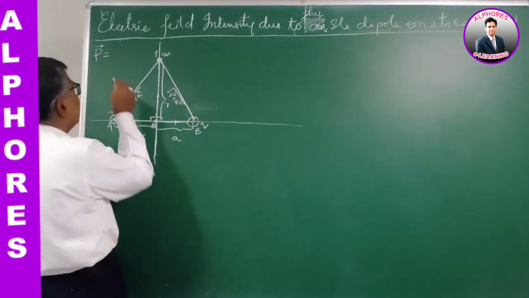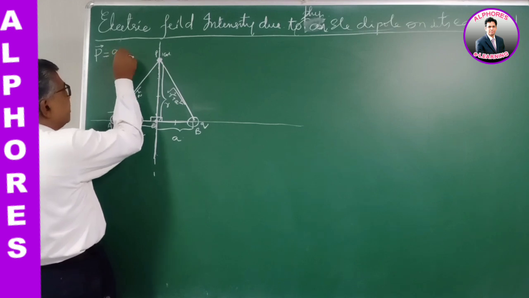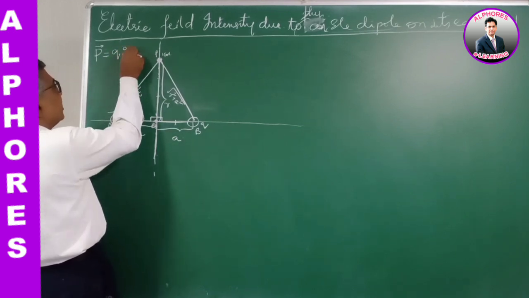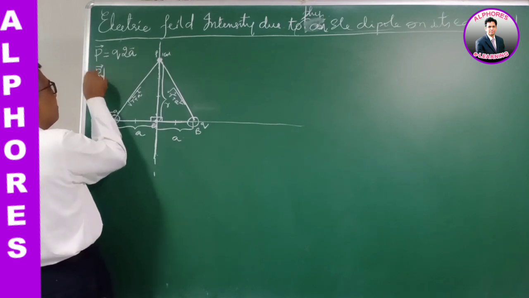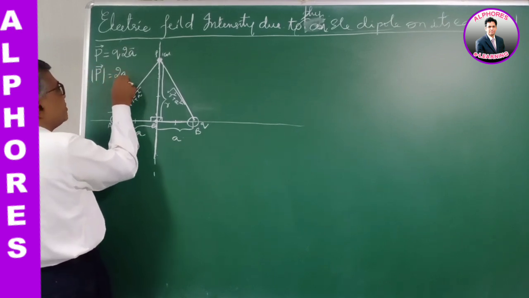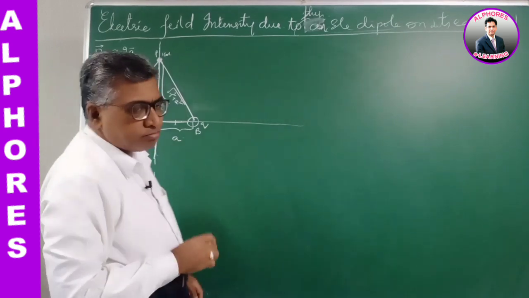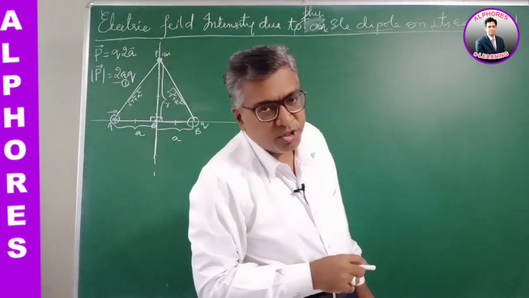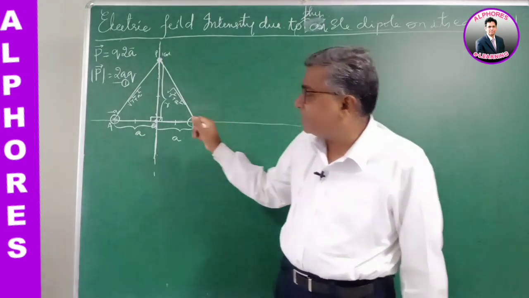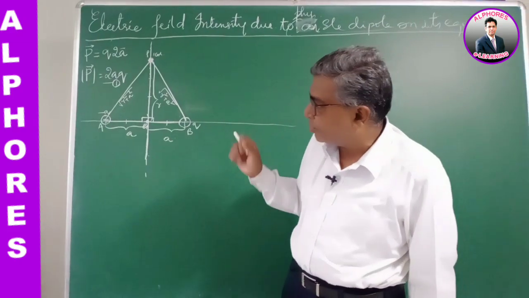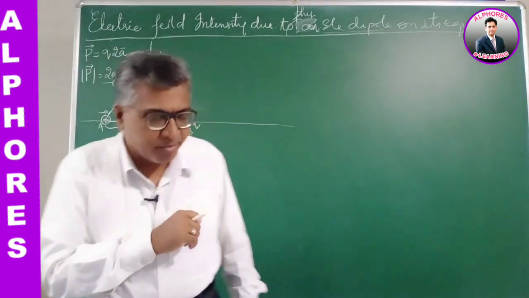So it is either charge q and the distance between the charges is 2a. Therefore the magnitude of the dipole moment is 2aq. Please remember this as equation 1: charge into distance between the charges, q into 2a.